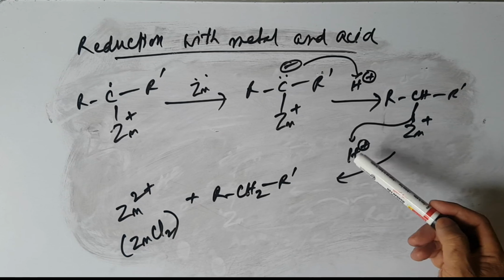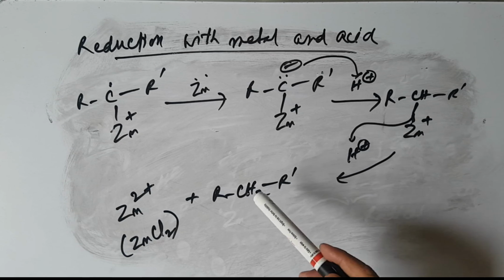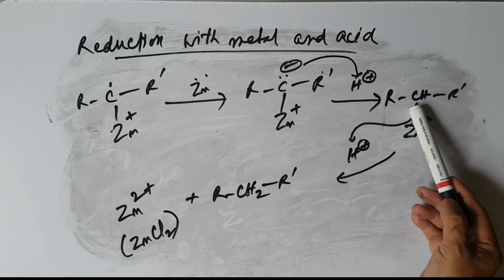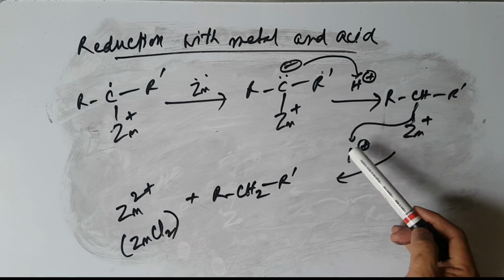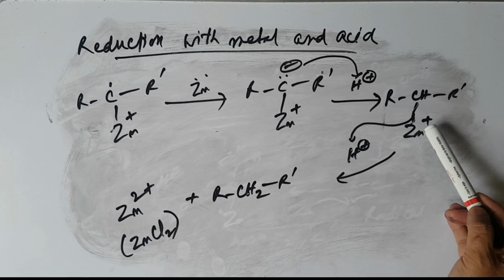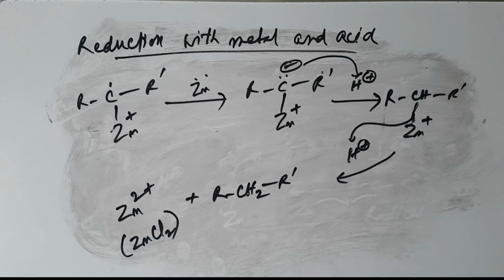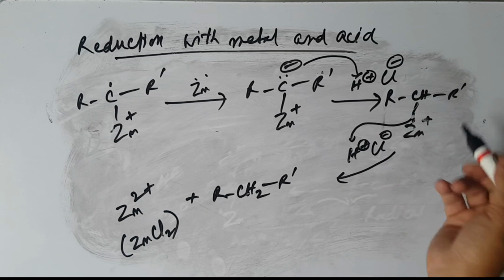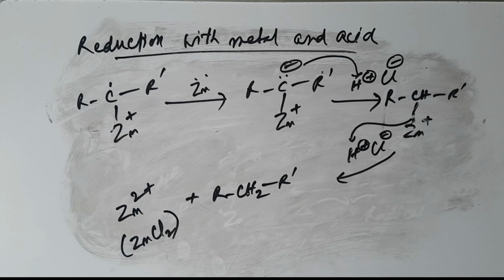Then it again picks up a proton, linking with hydrogen, so it becomes CH2, and zinc becomes 2 positive. It combines with chloride, giving ZnCl2, 2 chloride.